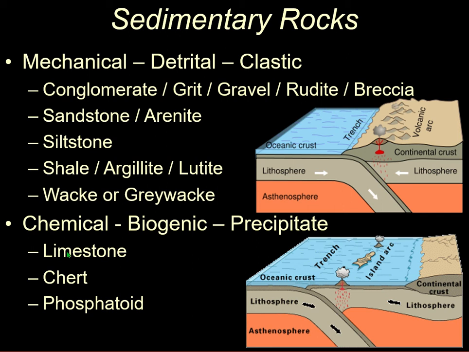A lot of these biogenic chemical precipitate rocks will often happen in deep oceans, or basically oceans far away from where the land is, because the detritus will be over here, but way out here, all you will get will be things like limestones developing in cherts and phosphatoids from all the animals dying.